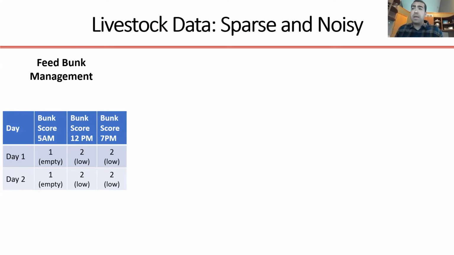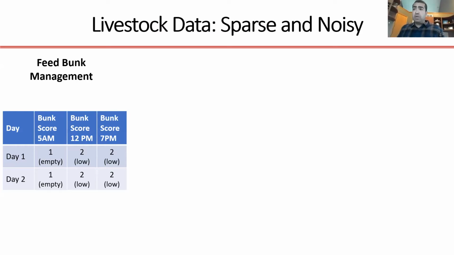So here's a quick example of how a sparse measurement is present in livestock operations. The example I picked is feed bunk management, right? Usually in a beef cattle feedlot operation or in a dairy, we go in the morning, we see the bunk, and sometimes the feed bunks are empty in the morning.